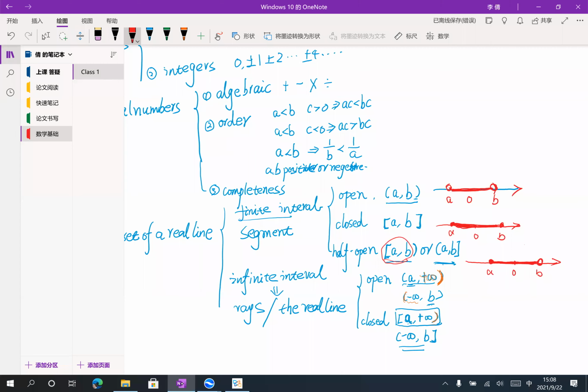So this is the interval from A to B on the real line. Such intervals are finite intervals.